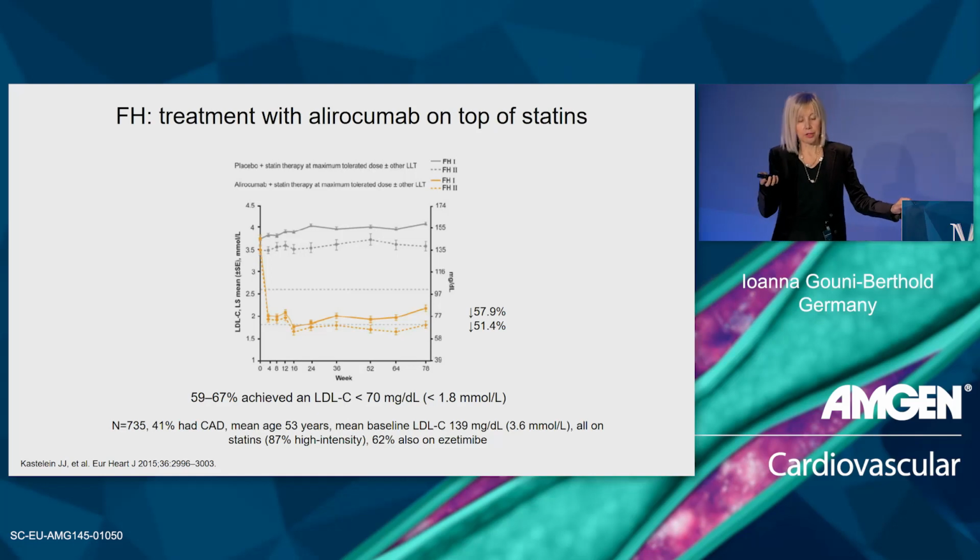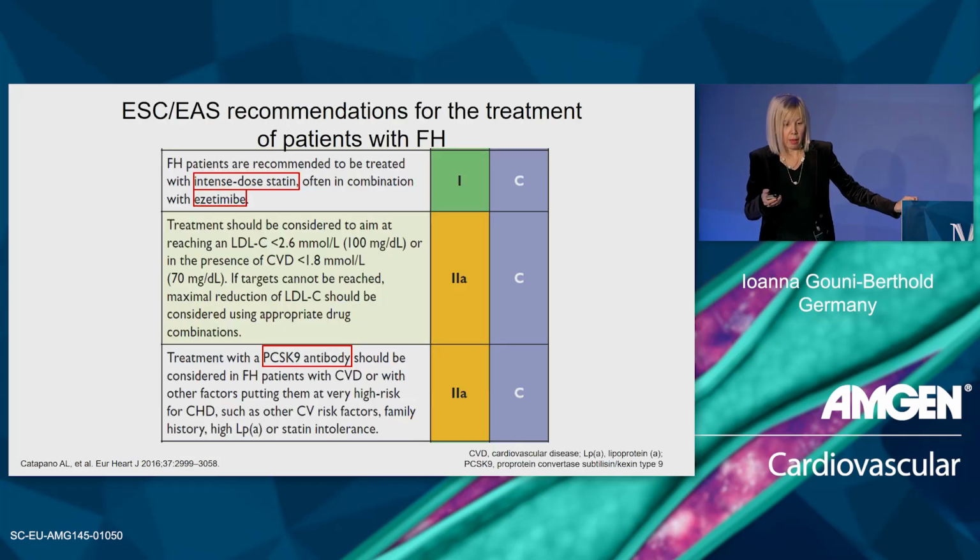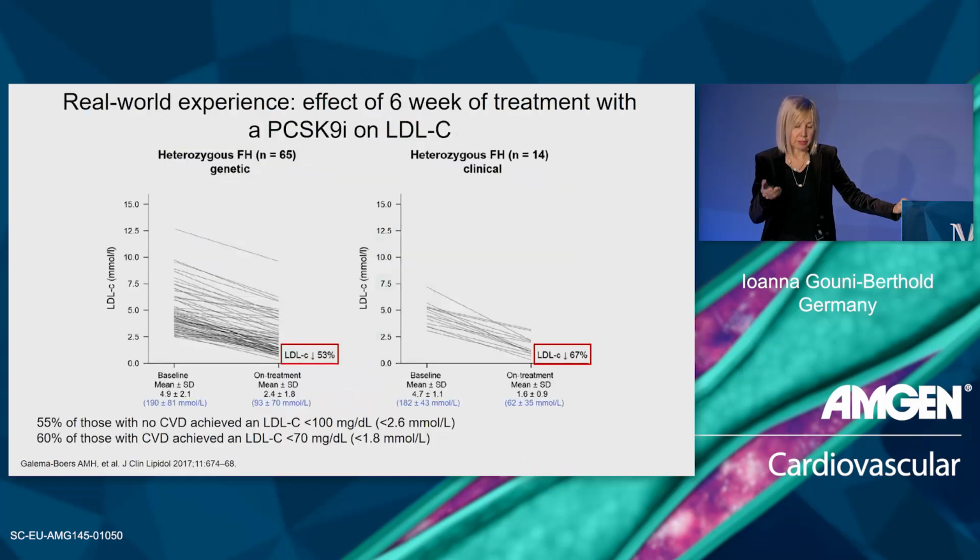They also did the FH trial. Again, about a 60% decrease in LDL, and about 60% reached their goal. So something we could never reach before, we can reach now. And this is exactly what the guidelines already recommend in these patients: start with high-dose statin, add ezetimibe, and PCSK9 antibody on top to reach targets.